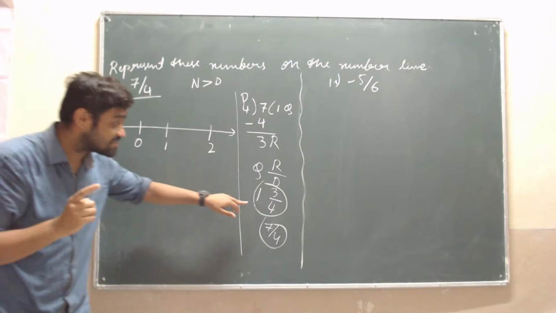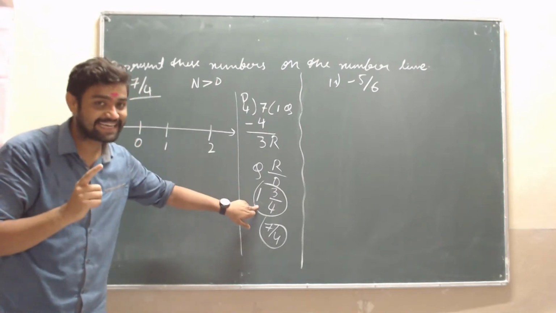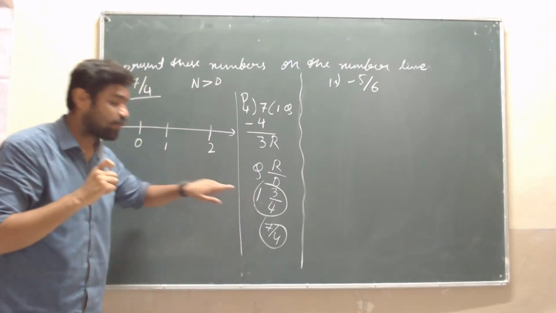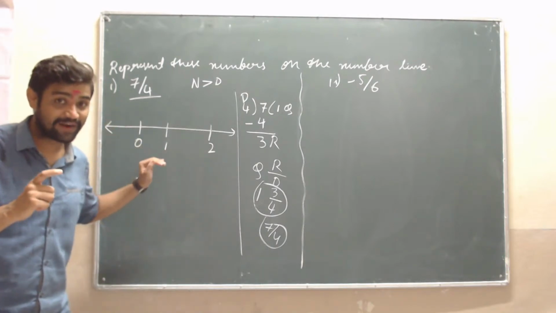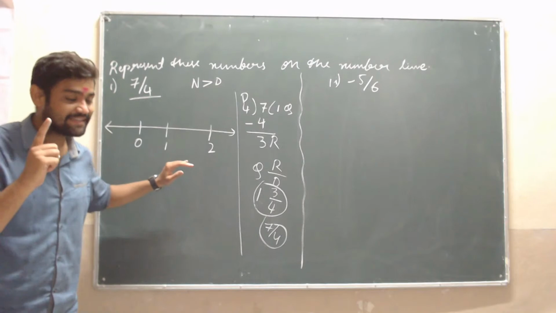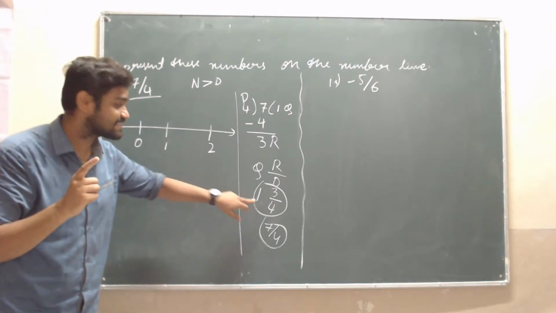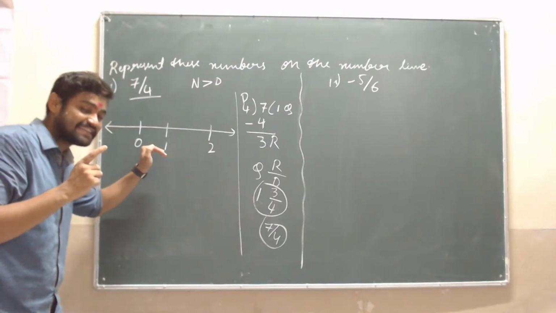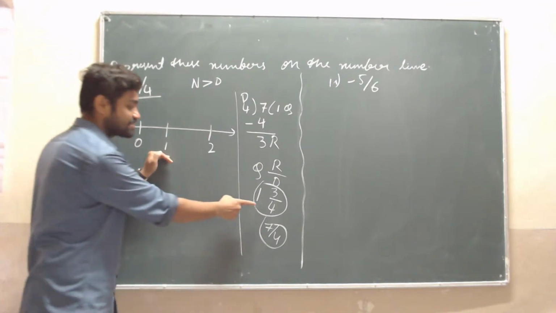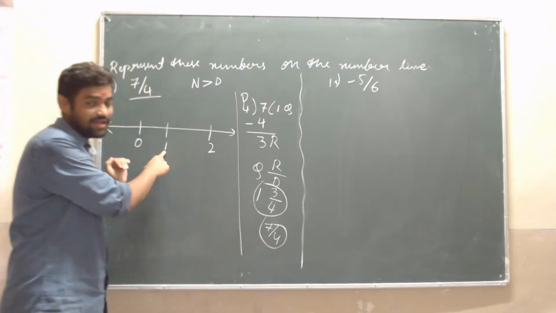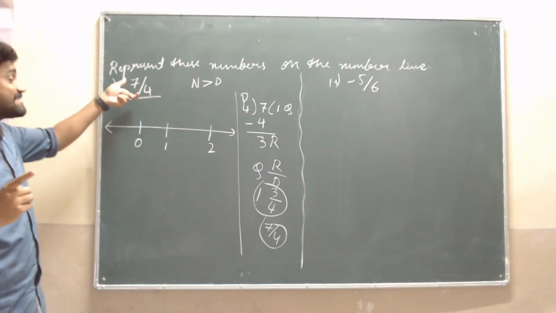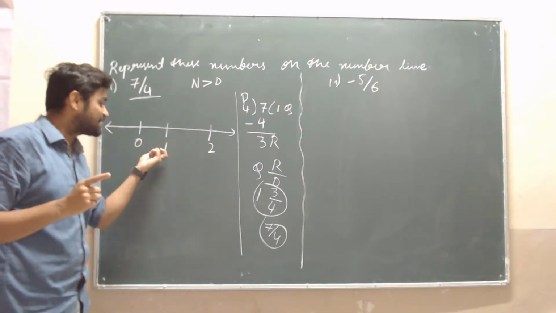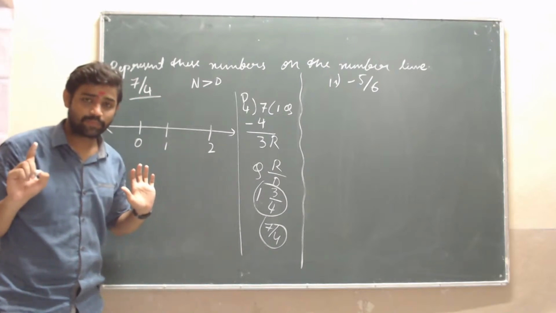One more time, it starts from 1. It lies between 1 as well as 2. Are you getting my point? It starts from 1 and ends with 2, and we conclude that 7/4 lies between 1 and 2.